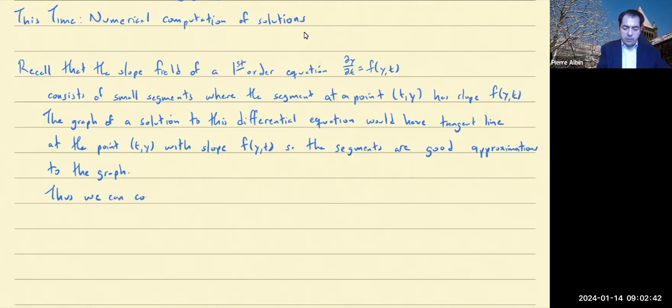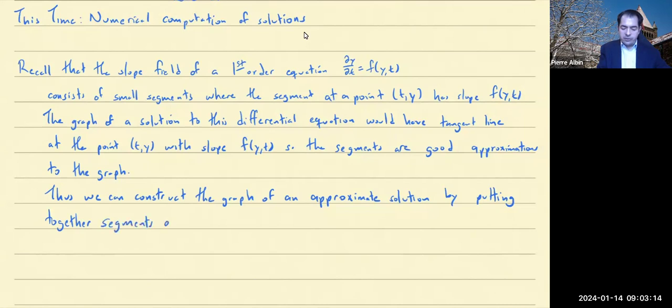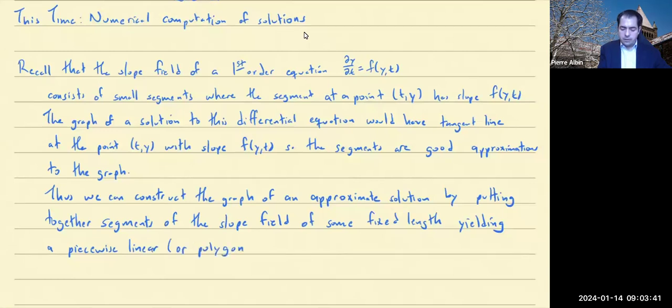Thus, we can construct the graph of an approximate solution by putting together segments of the slope field of some fixed length, yielding a piecewise linear, or polygonal, function.